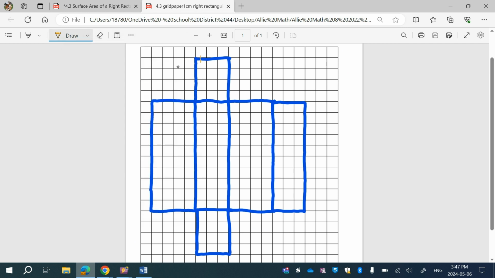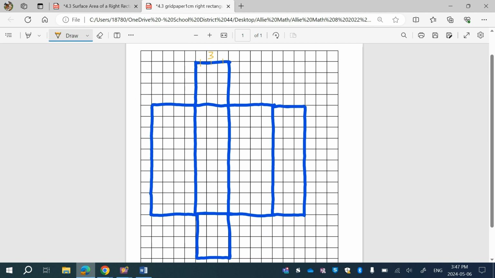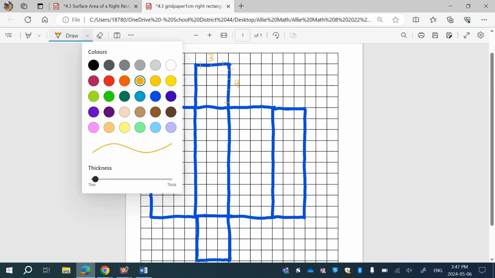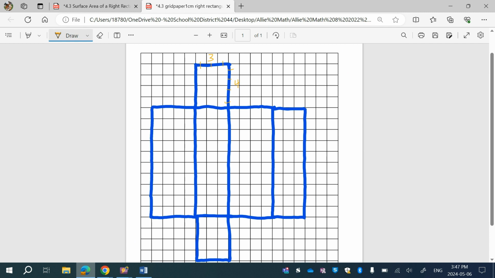This one is 1, 2, 3. Okay, so this is 3 right here. See that? This one is 1, 2, 3, 4. So that side length is 4. This side length is also 4. This one I can see is 3. This one is 1, 2, 3, 4, 5, 6, 7, 8, 9, 10.